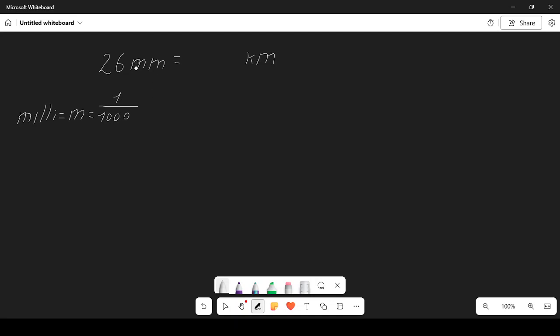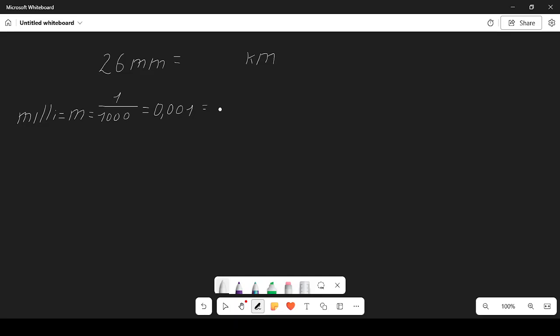In our case, millimeter is the 1,000th part of a meter. Let's present it as a decimal. It's 0.001. Again, it's the 1,000th part of something.